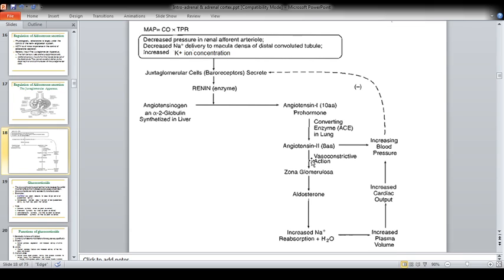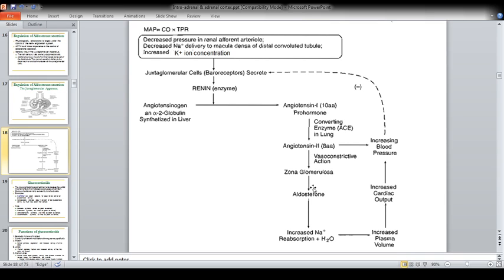This angiotensin 2 would then go on to act on the zona glomerulosa of the suprarenal gland. Moreover, this angiotensin 2 would cause vasoconstriction, that is, constriction in the vessels. The lumens would get smaller due to constriction of vessels, and it would cause an increase in blood pressure.